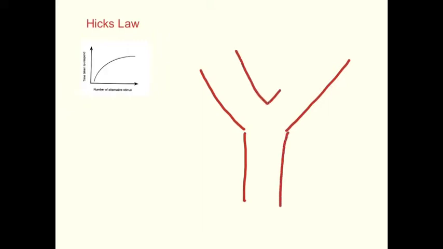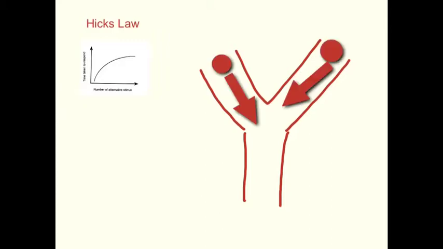An explanation for Hick's law relates to a theory called single channel hypothesis, and it looks like this in books and sometimes in exam questions. The principle of the theory is that we can only process one piece of information at a time. So it looks like a bottleneck approach.